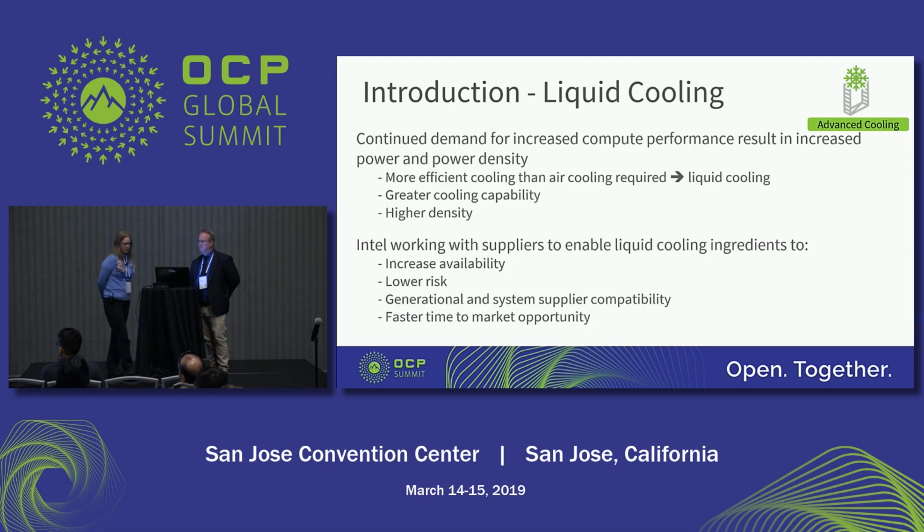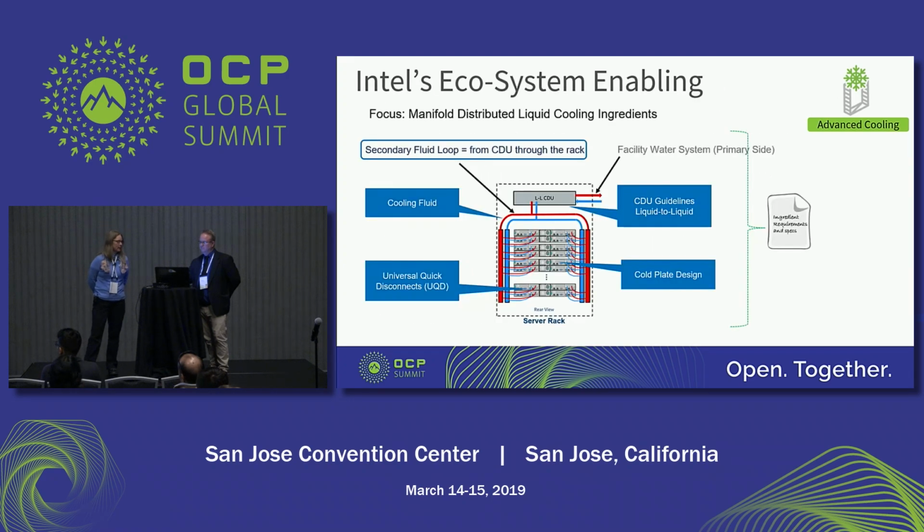We want to make sure as well that there's generational and system supplier compatibilities as we're going from one generation to another. And we talk about interchangeability, and that's part of what Mark will be talking about in a few minutes. And we can also allow for faster time to market opportunities for OEMs. So that's really all the reasons behind why we're doing this.